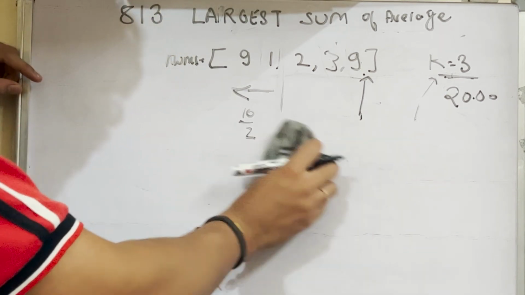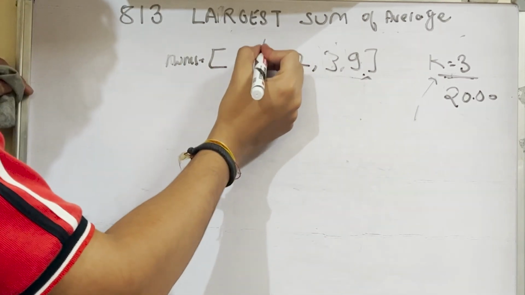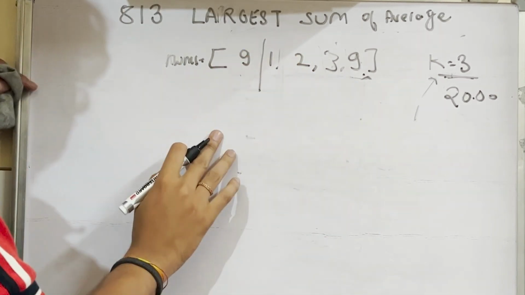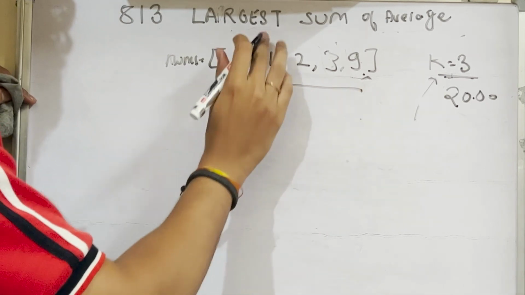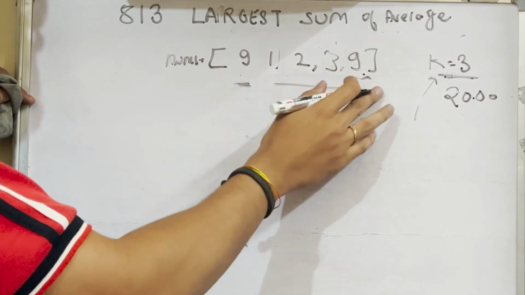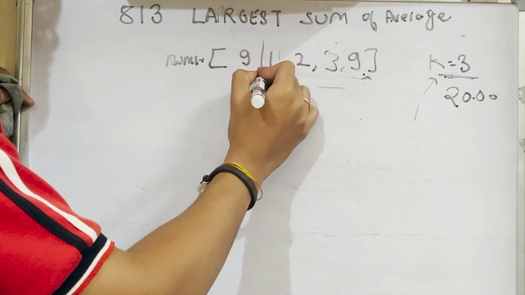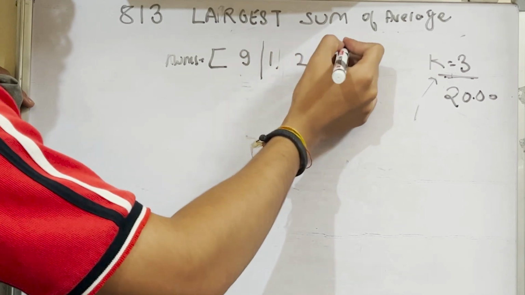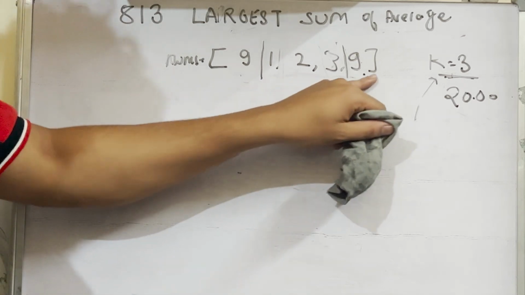Let me tell you one more thing. If you are dividing an array from here, you have to find the average of this and this. If you are dividing the array from this position, you have to find the average of this and this part.